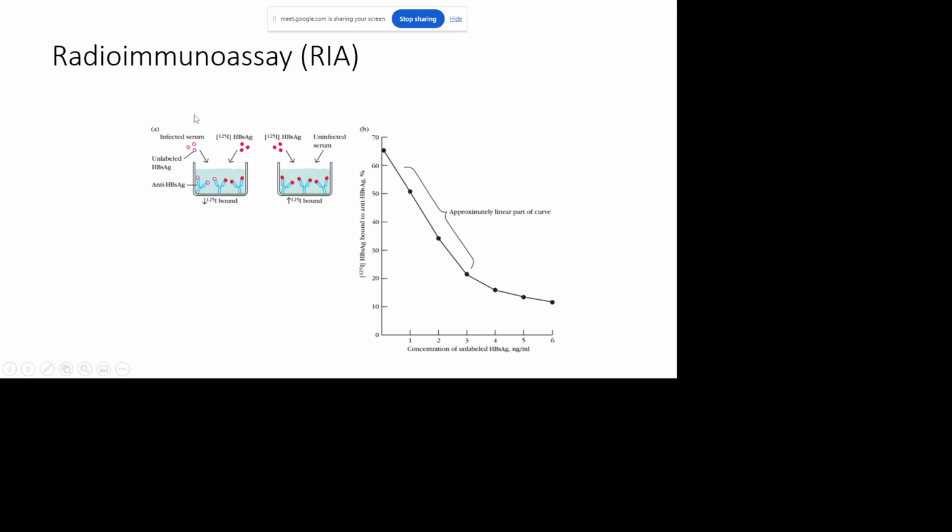So if your intensity is lower than the uninfected serum, that means this sample is infected with HBs antigen, right? So two things: you can find whether the serum has HBs antigen or not, yes or no, and if it has, then what is the concentration, which you can get from this standard curve, right? Any doubt in this part, radioimmunoassay?